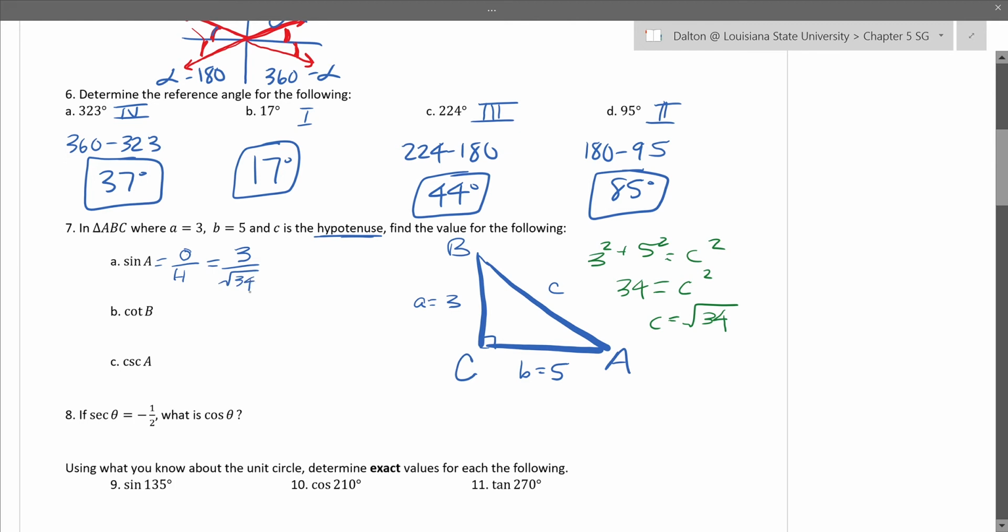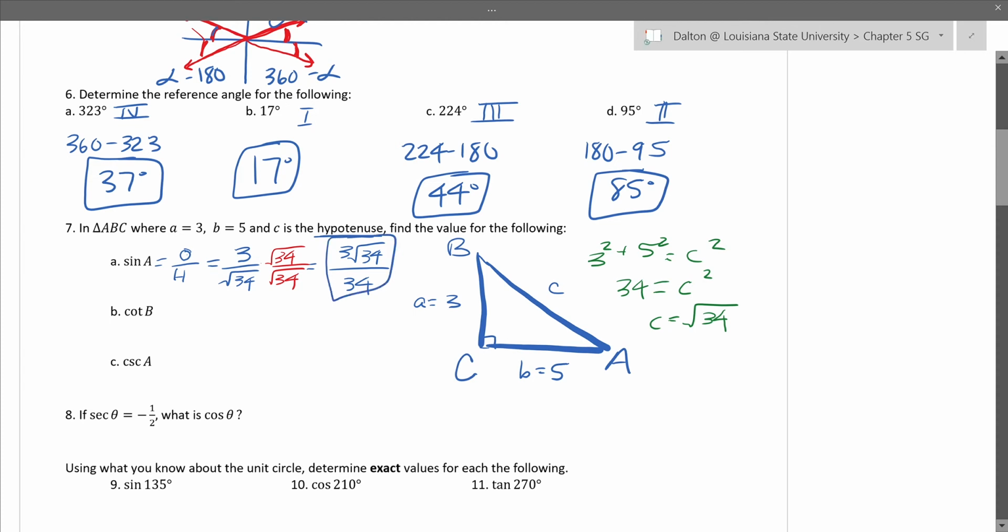Remember, we can't have radicals in the denominator, so I'm going to rationalize this by multiplying by the square root of 34 over the square root of 34. And when we multiply straight across, we get 3 square roots of 34 over 34. And 3 over 34 does not simplify, so that's as small as we can go.